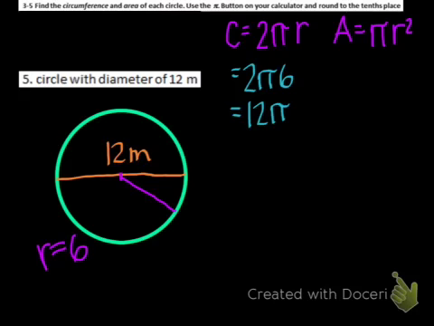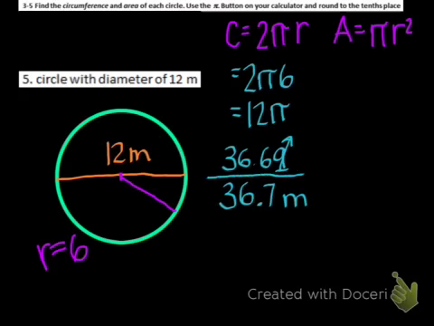So our calculation is 12 times our pi button, giving us 36.69. And of course, this one is bigger than 5, so we're going to round up. So it becomes 36.7 meters.